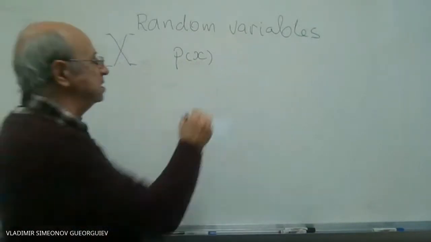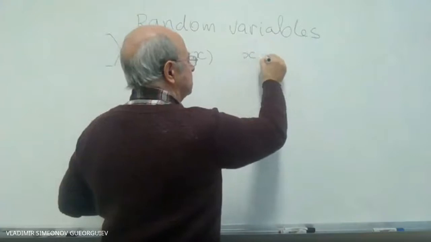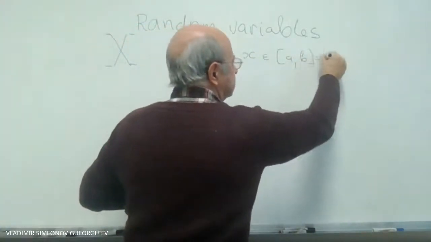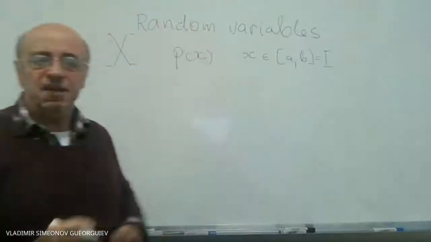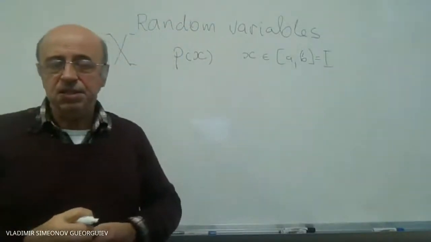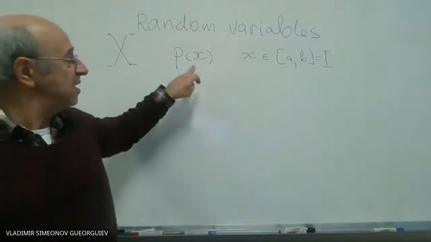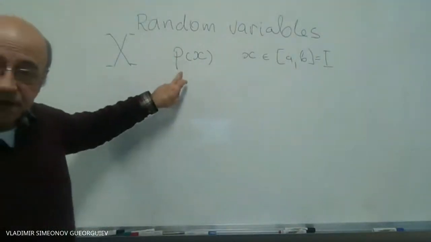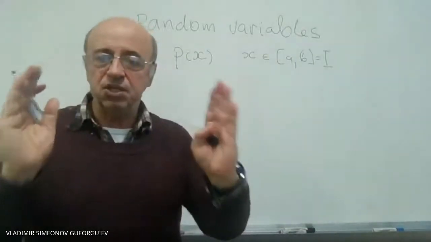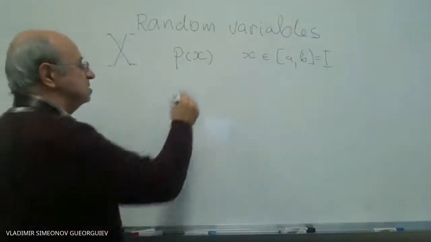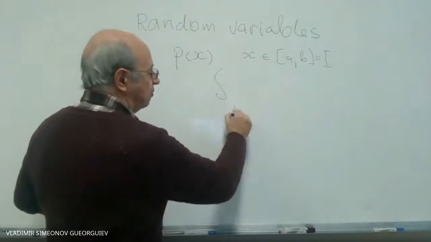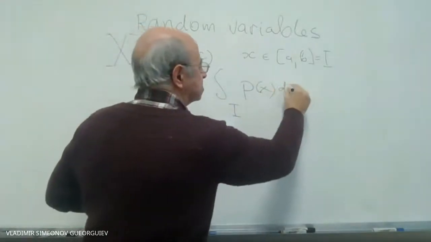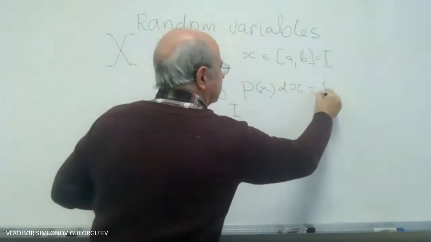X belongs to some interval, let's say AB, or for simplicity we shall denote this interval with E, and the property that this probability density associated with X satisfies is that it is a function with values between 0 and 1, and the integral over E of p(x) dx is identical to 1.